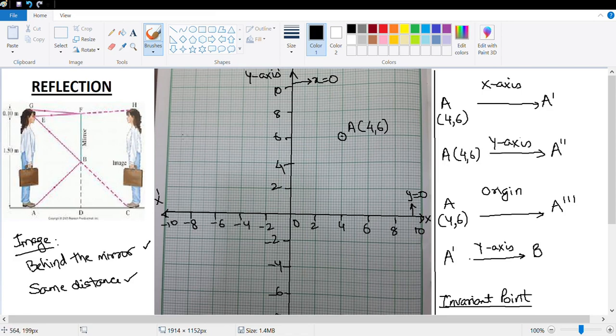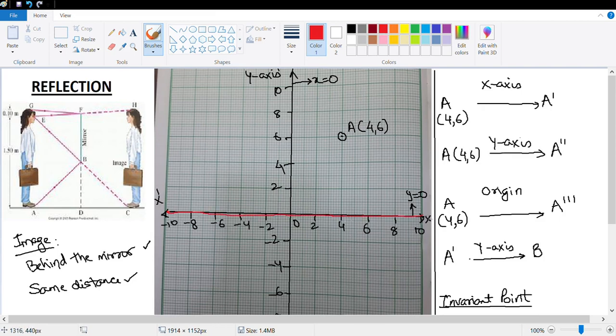Now that we've revised these two properties, let's look at it from the mathematics perspective on how it works. This is fairly involved with the chapter symmetry as well, which we've done in 7th as well as 8th. So let's look at this question. Let me show a mirror on the x-axis.